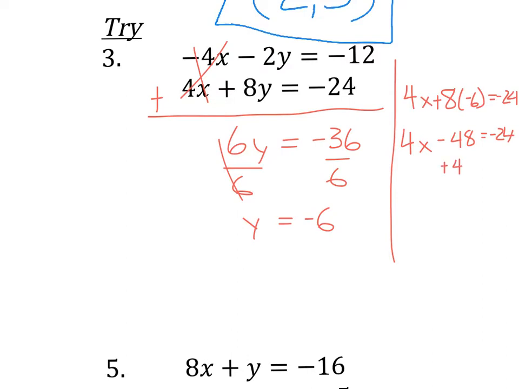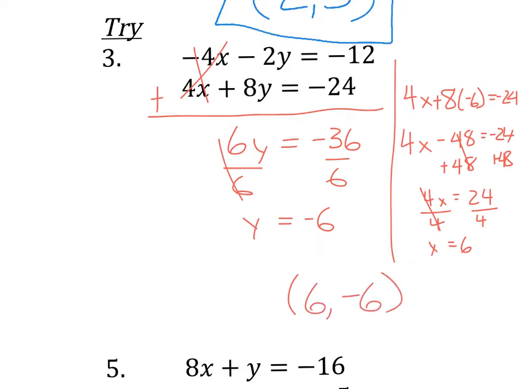So then I want to add 48 to both sides. So I have 4x equals positive 24. Divide by 4. And I end up with x equals a positive 6. So my ordered pair answer, x comma y, is 6, negative 6.